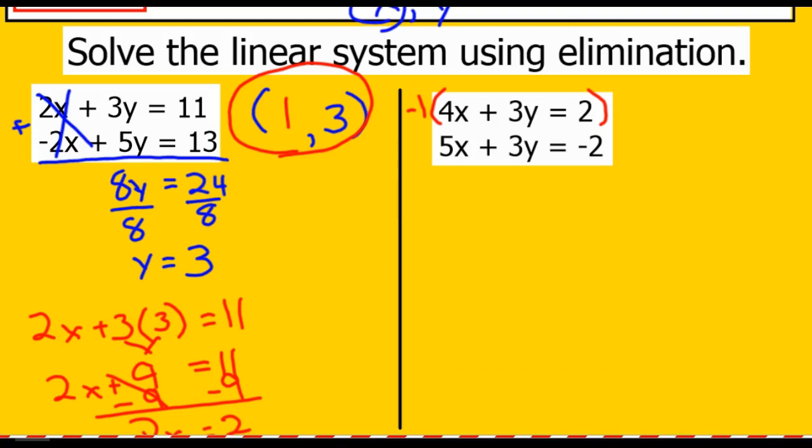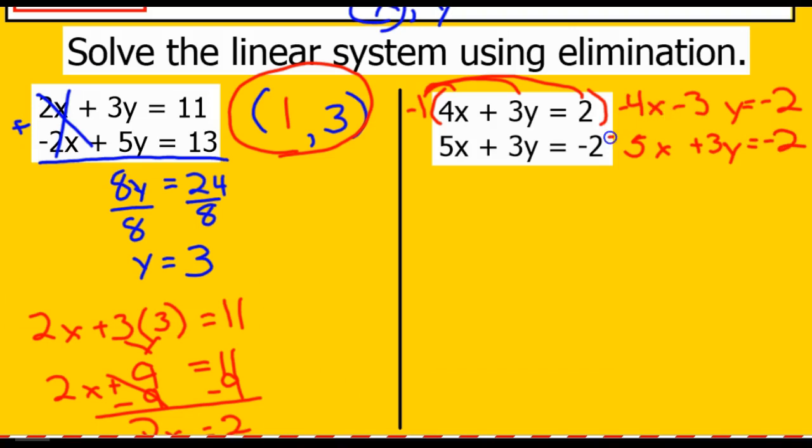So then we get negative 1 times 4x gives us negative 4x. Negative 1 times 3y gives us a negative 3y. And negative 1 times 2 gives us a negative 2. Then we still have the 5x and the plus 3y and the negative 2.